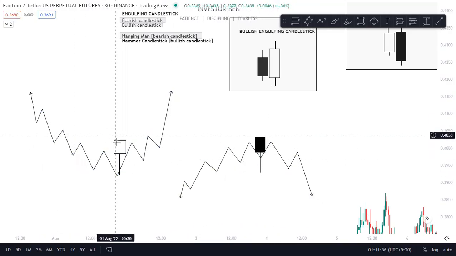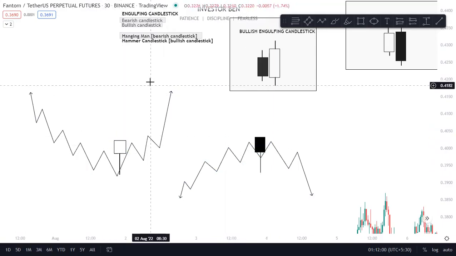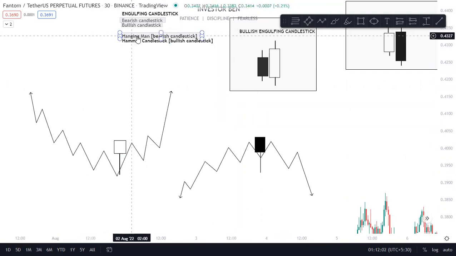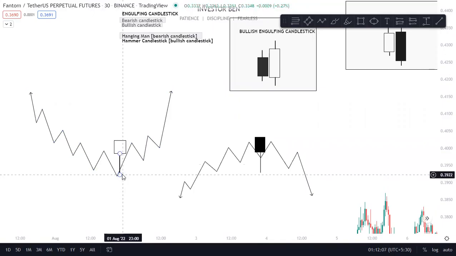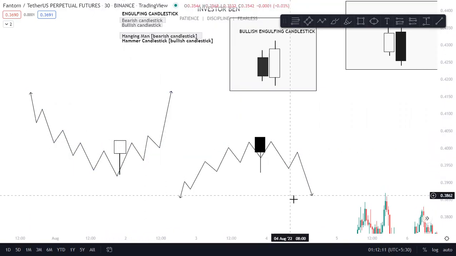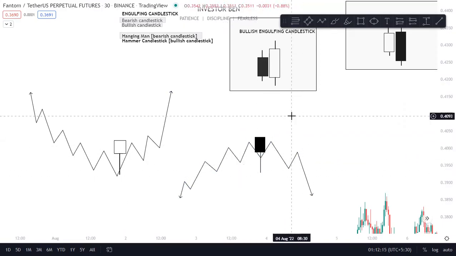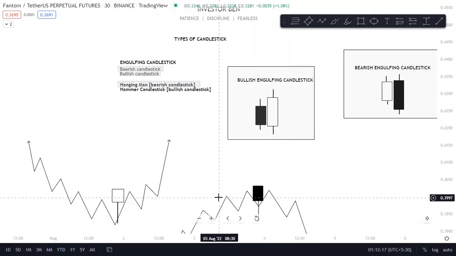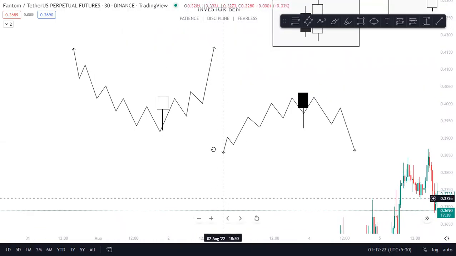The hammer is the bullish one, the hanging man is the bearish one. So as the hammer appears at the demand zone, the trend starts to reverse and we start going up. Same as this one: when it appears at the top, we start to drop. Yeah, and let me quickly give you guys an example of both of them.